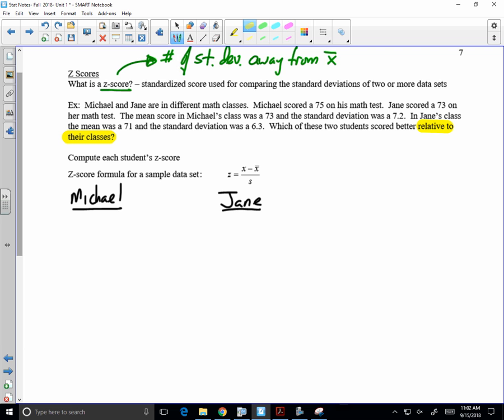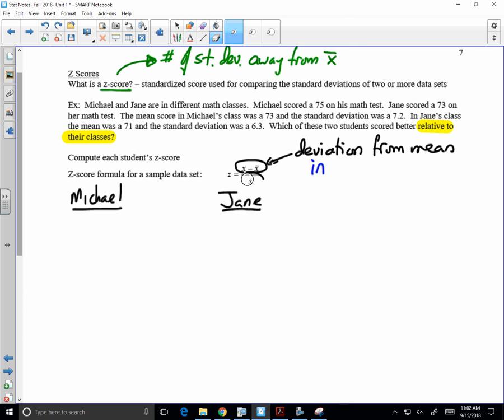So z-score is x minus x bar over s. So basically what we're looking for is the deviation, how far you are away from the mean, in units of standard deviations.